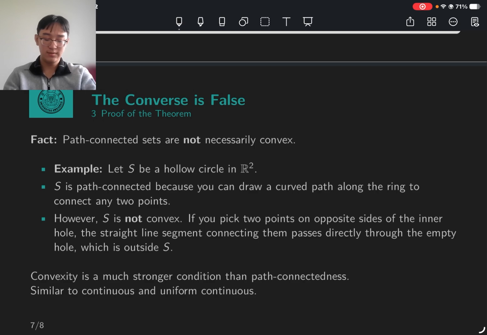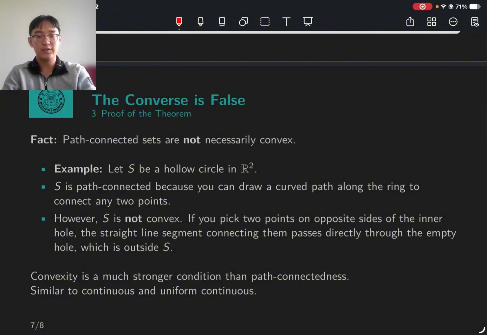What I want to say furthermore is that the converse of my theorem is false. That means if a set is path connected, it may not be a convex set. It is similar to continuous functions and uniformly continuous functions.